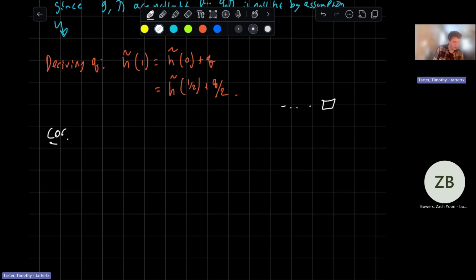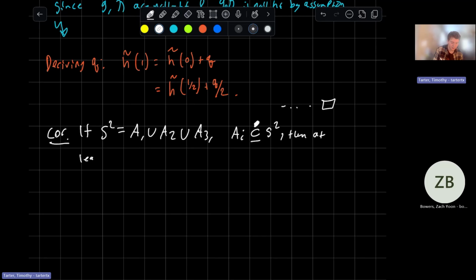And so, as a corollary, if S2 is equal to A1 union A2 union A3, where the Ai are closed in S2 under the induced topology, then at least one set must contain a pair of antipodal points.